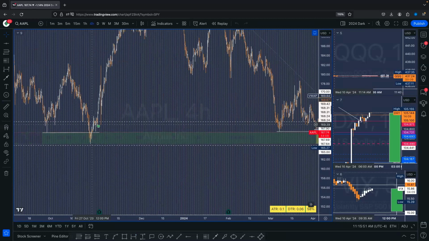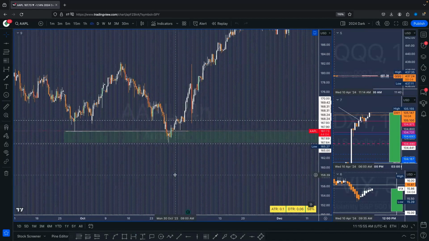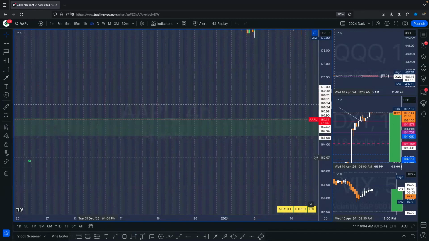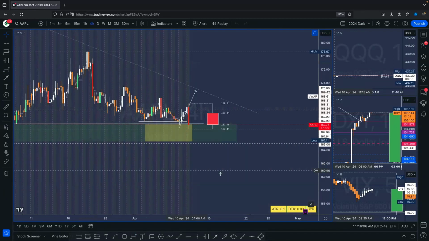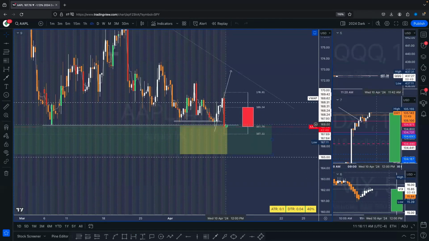What happened here initially, right? We had that sell block. It was the 4 hour, right? We had that sell block into it, and we got bought back up. So what's going on now? We have that sell block into it. Now let's see if we can take out this 167.11 and then have some sort of price action combination.